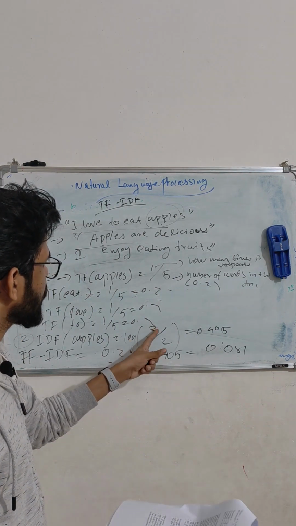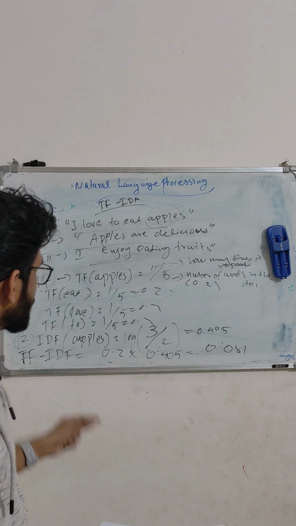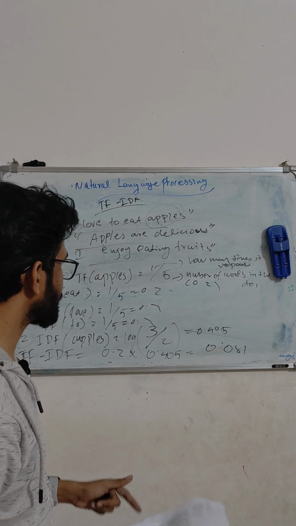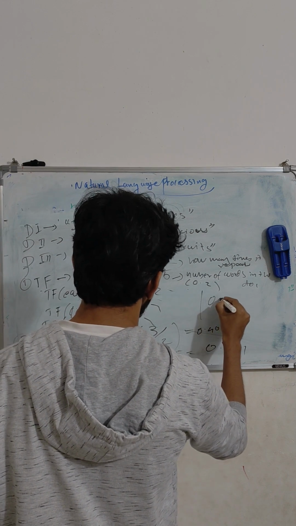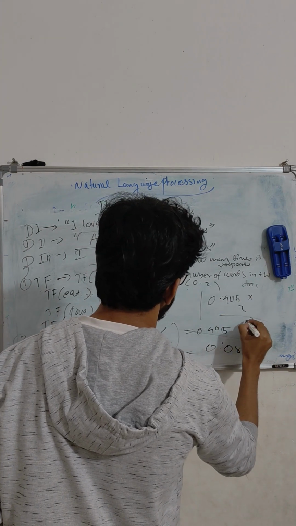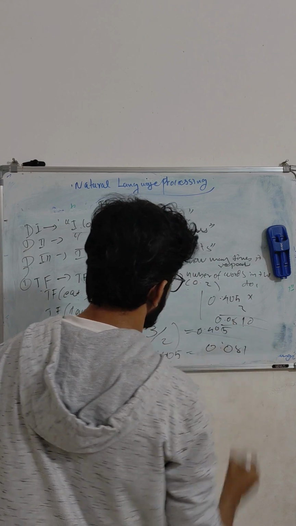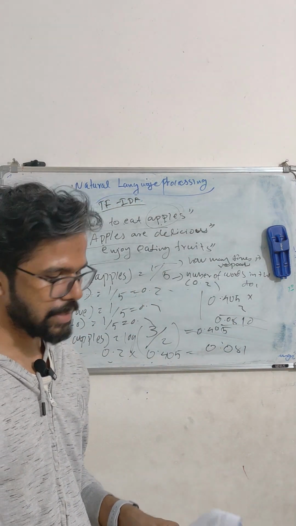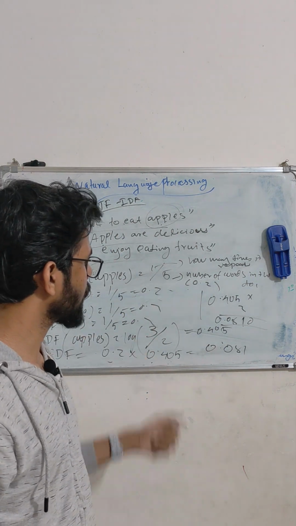That's log 3, where 3 is the number of documents, and 2 is how many times it repeats. So you will get the value 0.405. Let me calculate it one more time. 0.2 multiplied by 0.405 is 0.081. And that's it. You have to calculate each of these words for each of the documents.